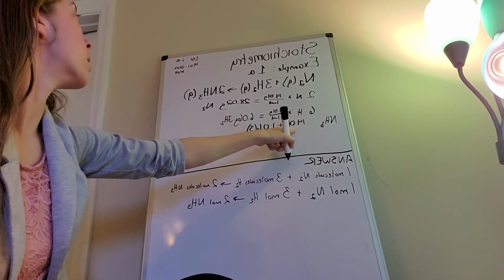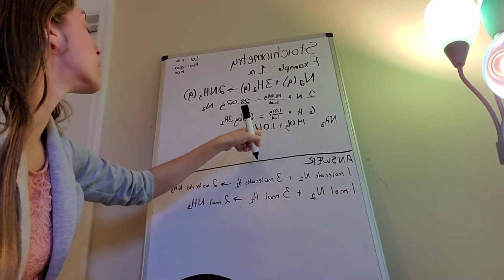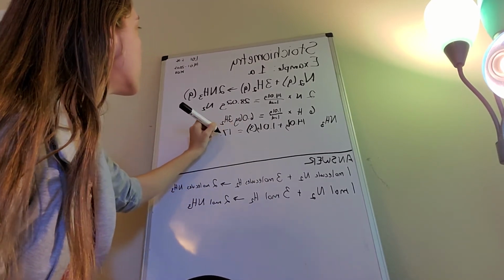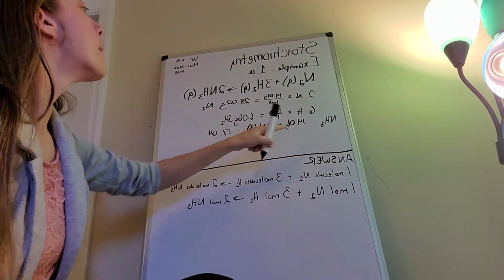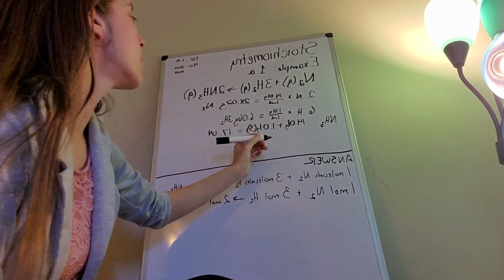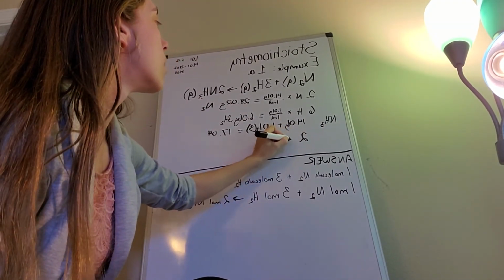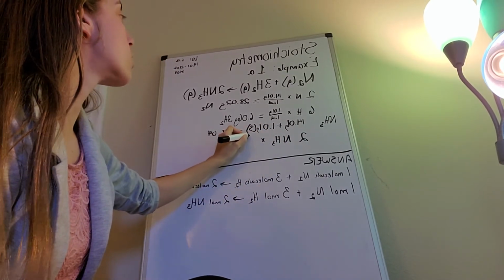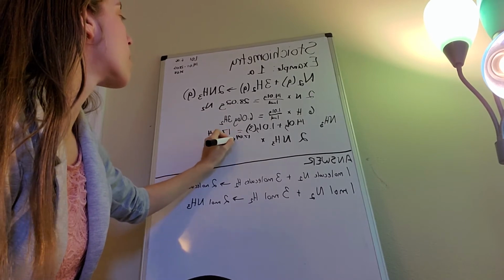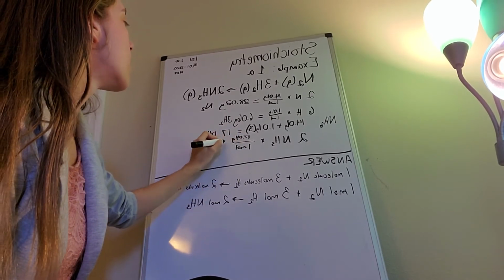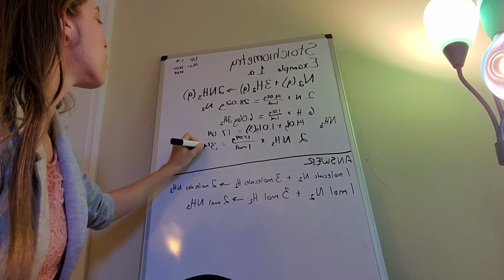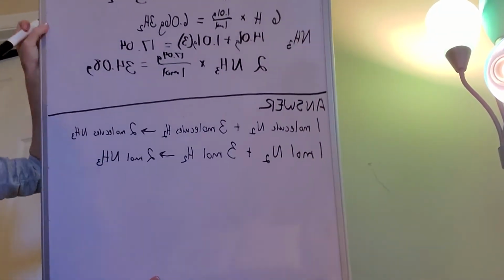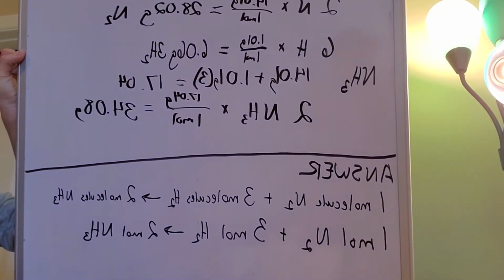So 14.01 plus 1.01 times 3 is going to give us 17.04. But we have 2 of them, okay? So now 2 NH3s times the mass of 1 NH3, which is 17.04, gives us our total mass of 34.08 grams. Okay, so these are my calculations again, so that you can look at them.